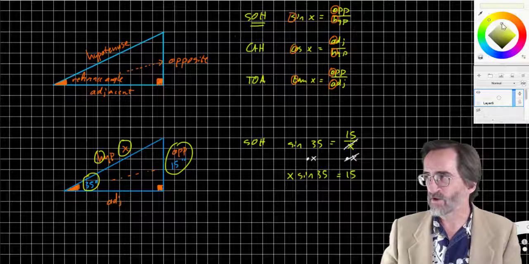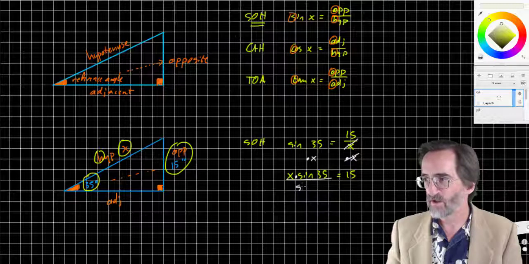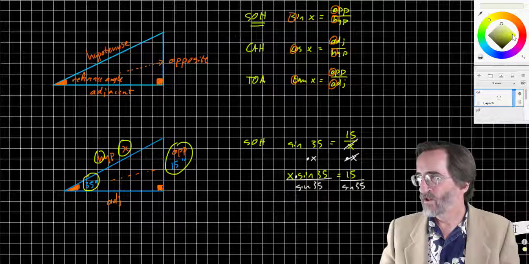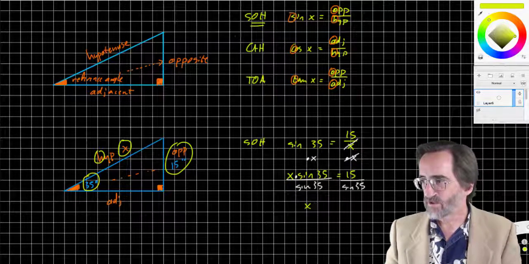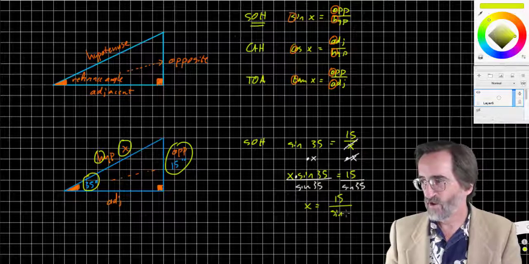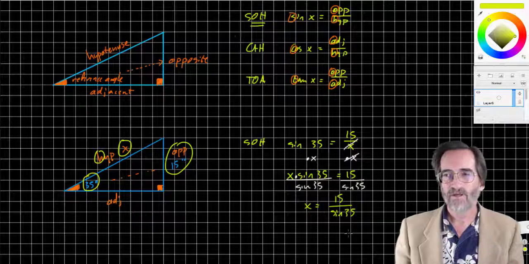And now I'm going to solve for x by dividing, because that's the opposite of multiplying, by sine 35. Divide by sine 35. Okay? And so x equals 15 divided by sine 35. Notice last time we multiplied, this time we divide by the sine. Okay?